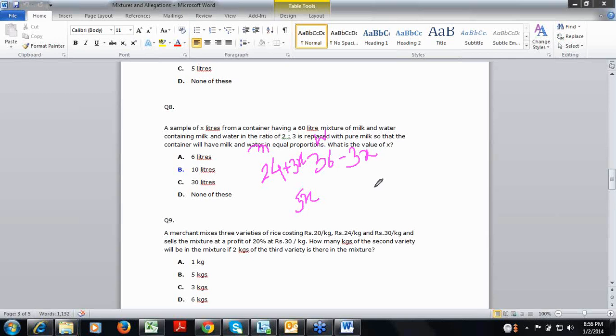That should be the water, because water has not been replaced, it has just been taken out. Now these two should be equal. 24 plus 3x should be equal to 36 minus 3x, or 6x is equal to 60. X is equal to what?